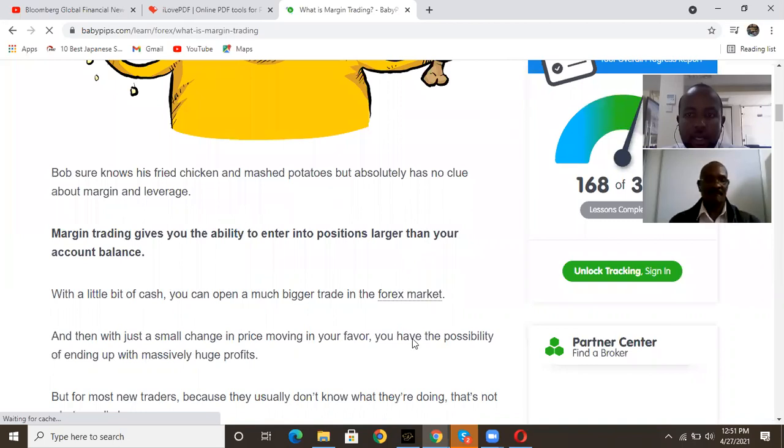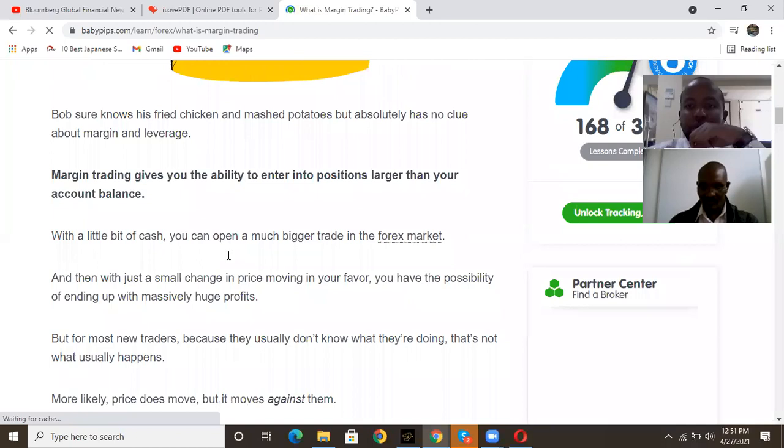When you come to forex, you look at leverage. Most account openings offer leverage, maybe 1:200, 1:400, and the like. With a little bit of cash, you can always open a much bigger trade in the forex market.